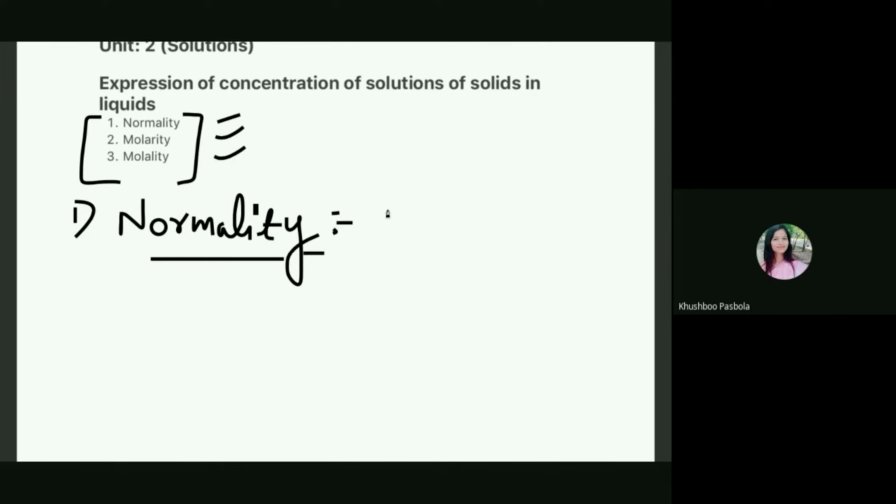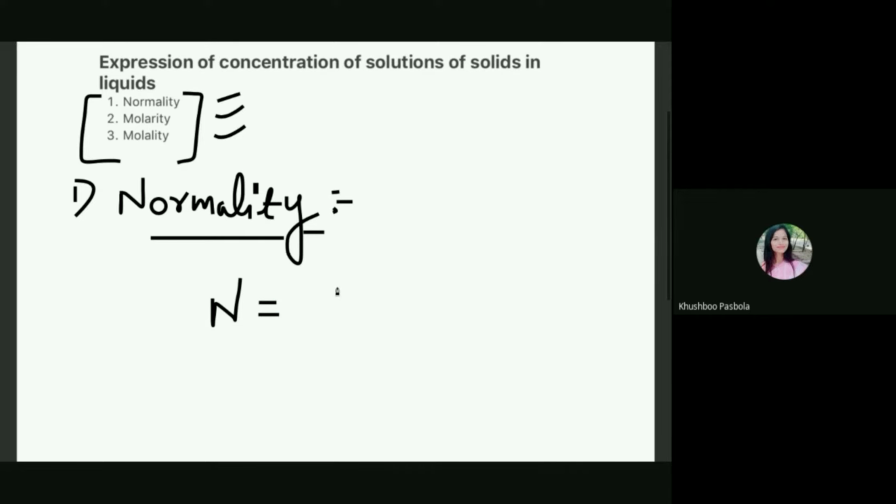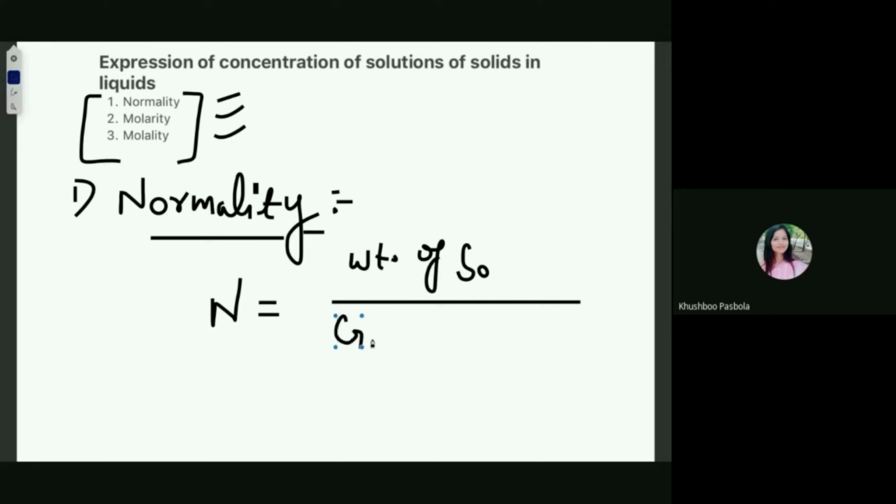We can express normality by capital N. So normality is equal to weight of solute divided by gram equivalent weight.